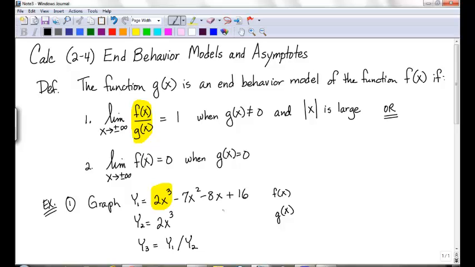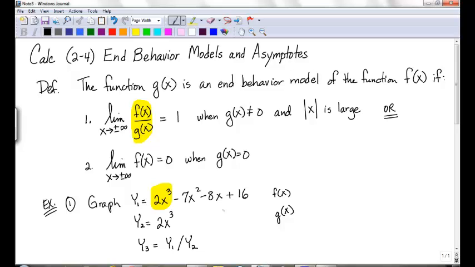Then in y sub 3, use the vars key, right arrow over to y variables, then function, and pick up y sub 1, then divided by, use the vars key, right arrow over to y variables function, and go down and pick up y sub 2.